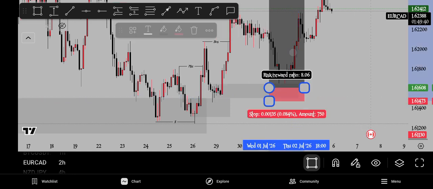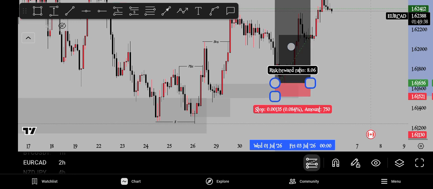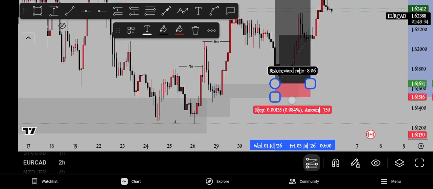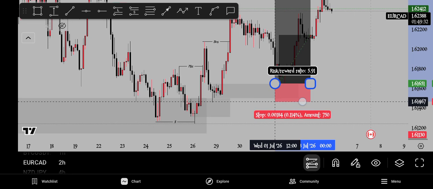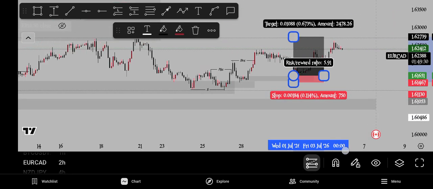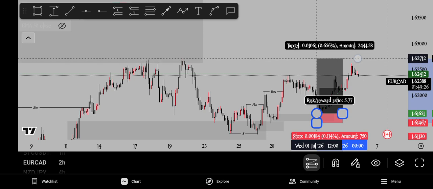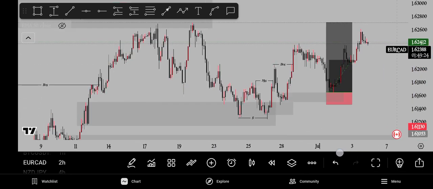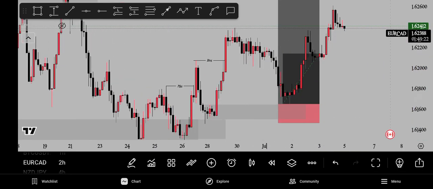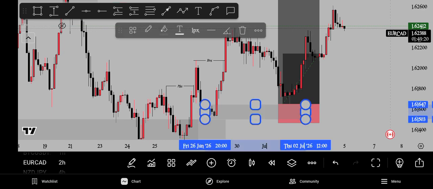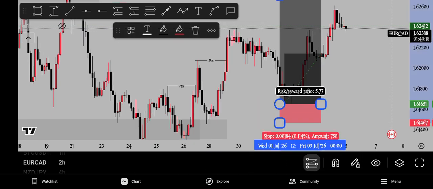So this is the whole demand, and when you used it, you will notice that we had a very good sniper entry, giving us a 1 to 5. So that is that on EUR CAD.